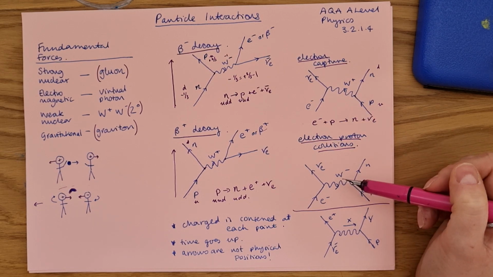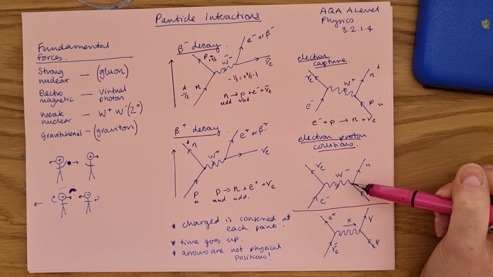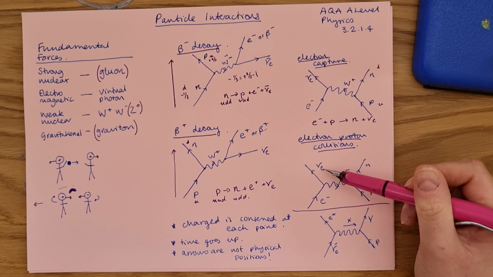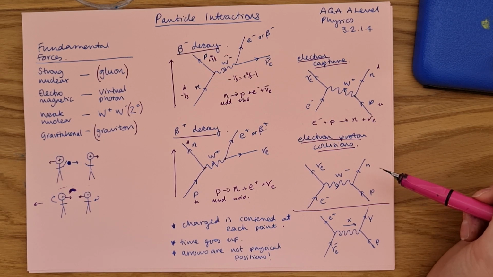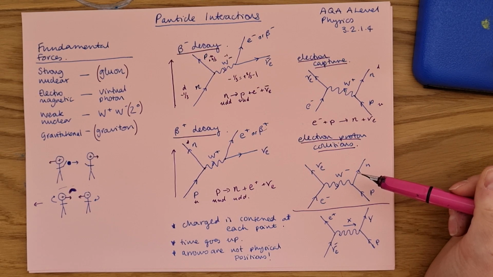Whether it's electron capture or whether the electron and proton are colliding, exchanging the W minus, and then becoming the electron neutrino and the neutron is pretty negligible. In the past, when they've had exams on this, they don't get too hung up on it, is what I'm trying to say.